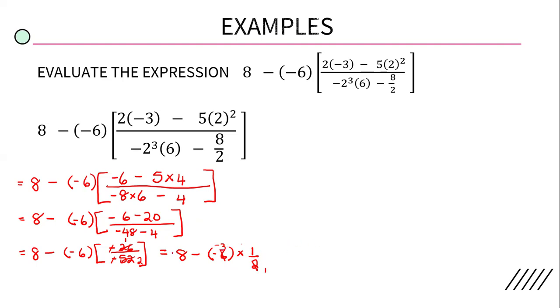Or, for some of us, we would have preferred 8, negative, and -6. We would have our -6 times 1 over 2. Some of us would have to multiply. So we would have had 8, negative sign, and then we have -6 times 1, giving us -6 over 2.